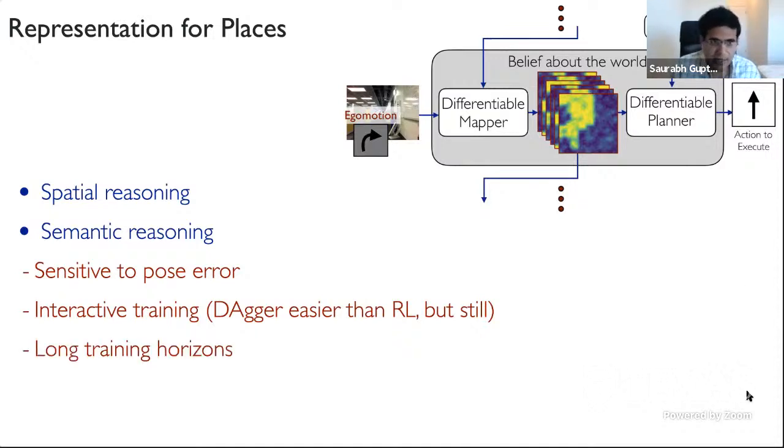And I guess a related problem is if you wanted to do very long horizon tasks, right? So let's say your goal was hundreds of steps away. Training a policy which reasons at the horizon of hundreds of time steps becomes hard, right? In our case, because we were using imitation learning, that didn't bother us too much, but it still slowed down training and so forth. And it still becomes problematic, right?